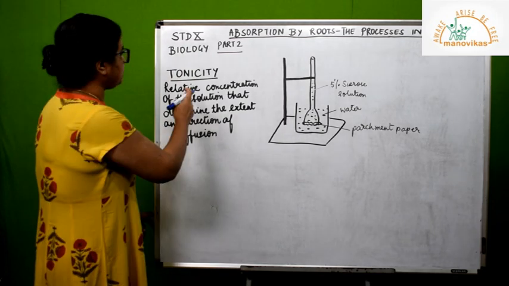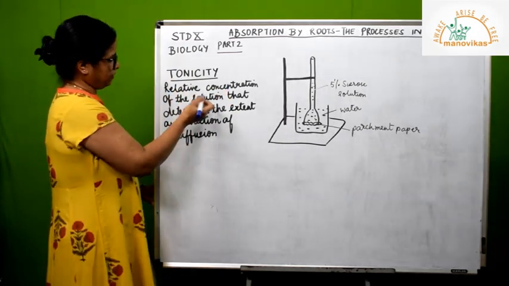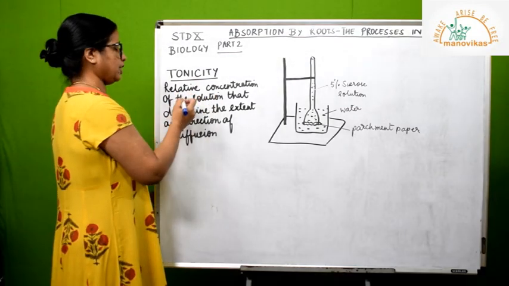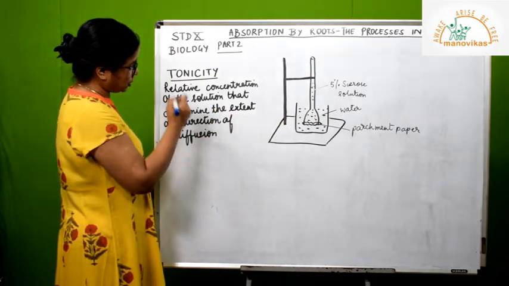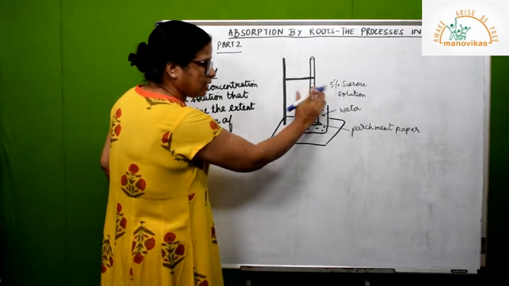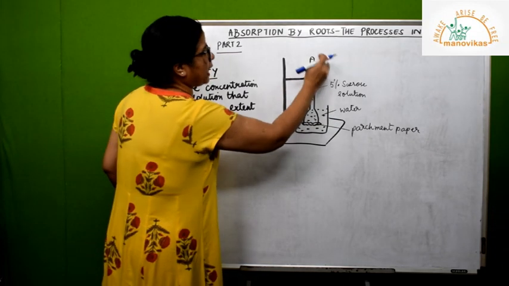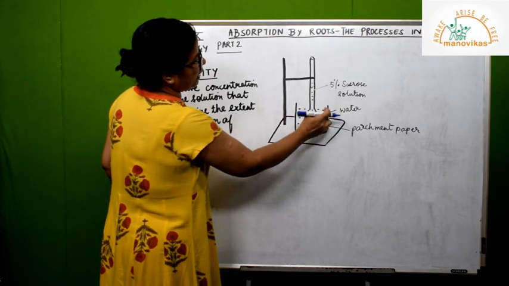So what happens? That brings us to tonicity. What is tonicity? It's defined here: relative concentration of the solutions that determine the extent and direction of diffusion. Now see what is happening here. We have changed the concentrations. First we tried putting the sucrose solution inside and water outside.